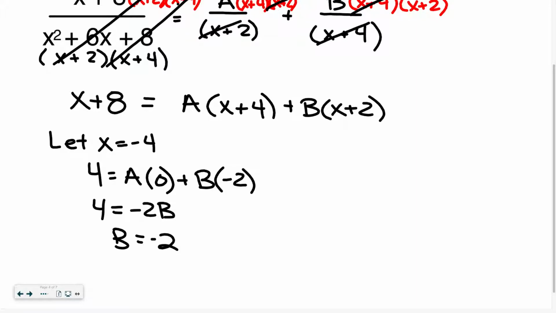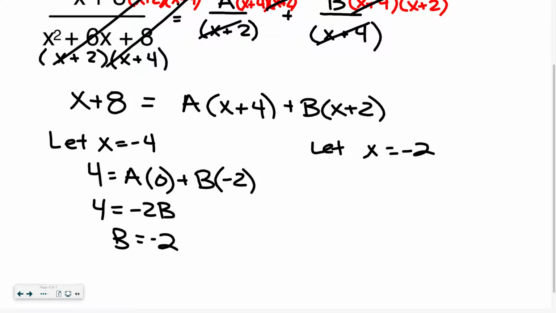How can we find the other one? You could do some plugging in, but think about the hint that I gave you when we talked about it. Let's now let x equal -2. We haven't exhausted all of the zeros. So before I start plugging in random stuff, I would still go for any zeros of my factors.